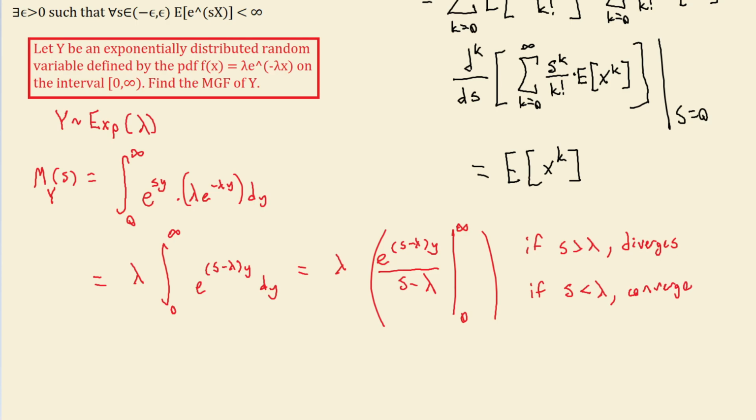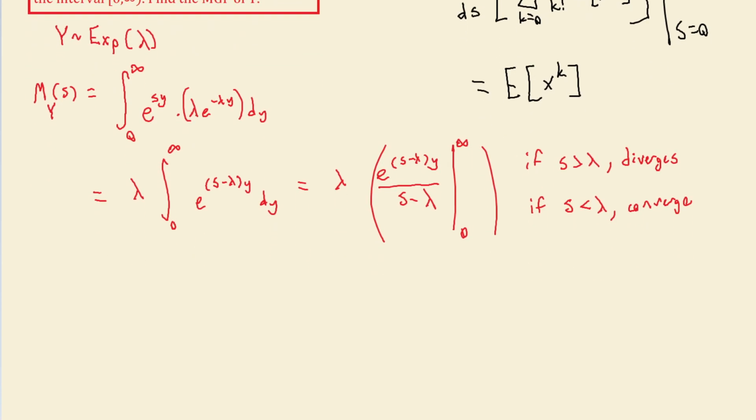And so in the case that it converges, this is actually the only case that we're interested in here. And so we'll say if s is less than lambda, then the moment-generating function of y is just going to be equal to, and then let's evaluate this. If s is less than lambda, this is some negative exponent, it'll just go to 0 at infinity, and so that's just going to be 0. And then we'll get lambda times, and then what is it going to be at 0?